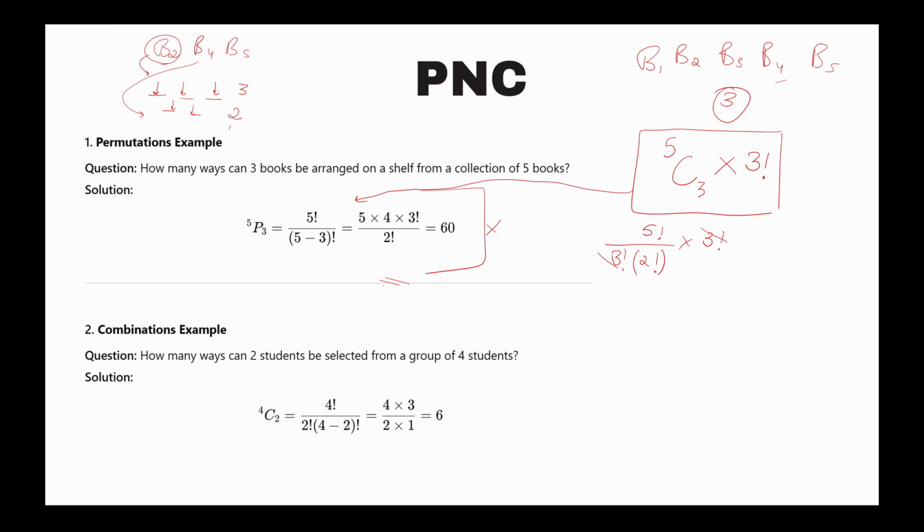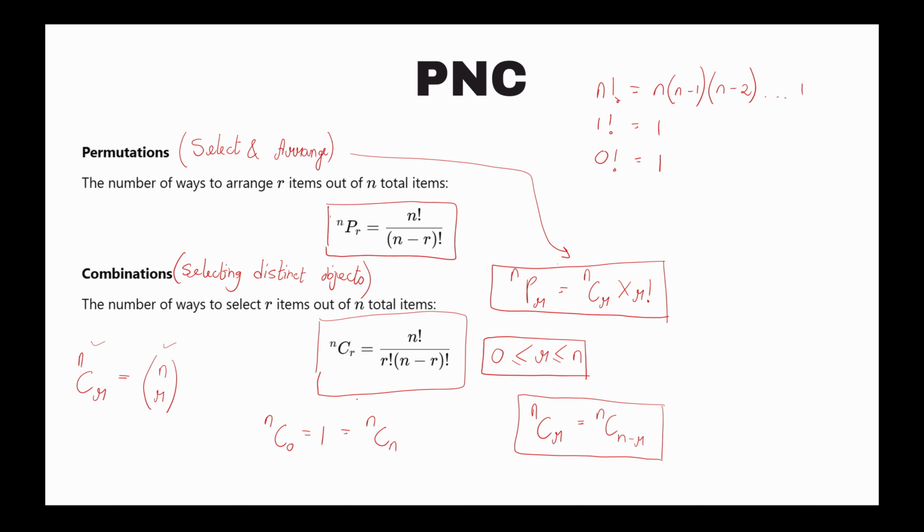Now let's look at a combination example. This is fairly easy for you. How many ways can 2 students be selected from a group of 4 students? Simply 4C2. Now I hope you all remember from the binomial theorem we had studied, every time you do not have to use this entire formula to find your combination. If I have 4C2, I can also write it down as 4 into 3 upon 2.